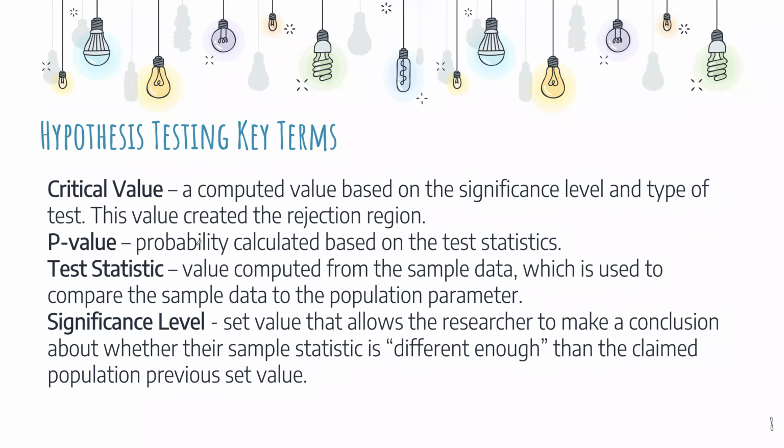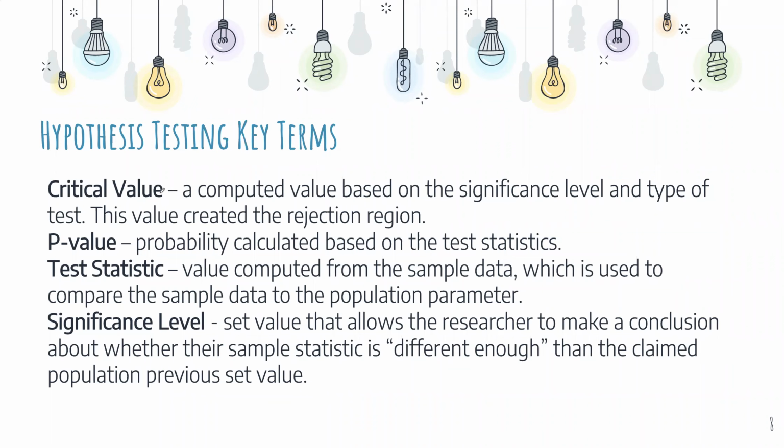The p-value, again, is the probability calculated based on the test statistic. That p-value depends upon your sample, same as the test statistic. The test statistic is a value computed from the sample data, which is used to compare the sample data to the population parameter. Remember that if we use a critical value approach, we compare the test statistic with the critical value.